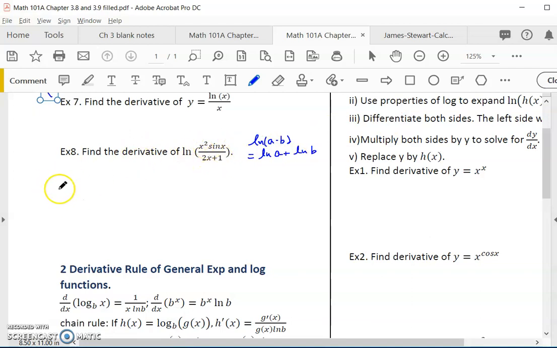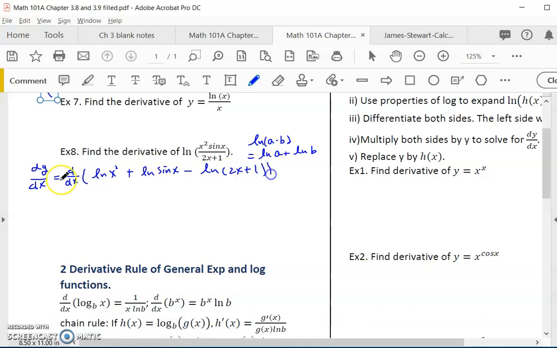In order to avoid doing that very difficult quotient rule, instead of doing it right away, I'm going to rewrite it as ln x squared plus ln sine x, because this is a multiply inside the ln, minus ln of 2x plus 1.